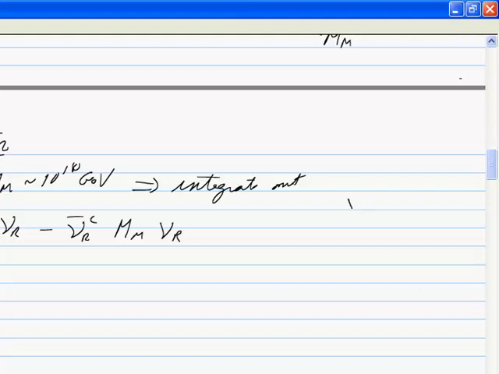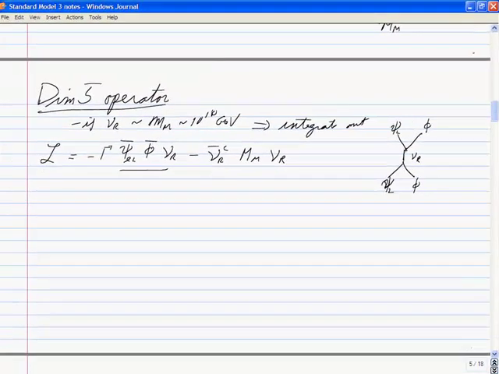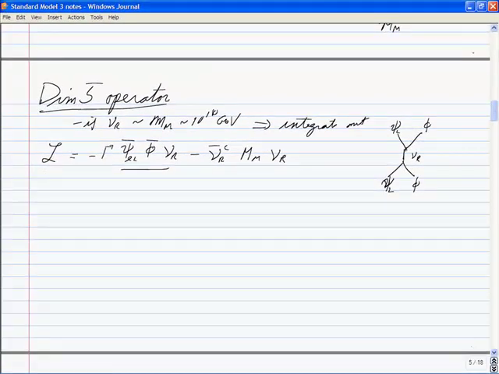Pictorially, what we're doing is you take psi left, Higgs, nu right. There's a coupling that comes from that term. At lowest order you integrate it out by just putting a propagator there. Psi bar, psi left, phi nu right. So just like we normally often do W exchange or heavy S exchange in a sigma model, we do nu right exchange here.